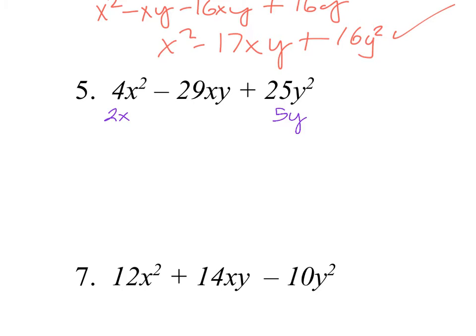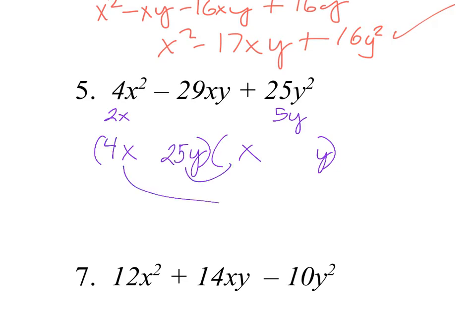So we're looking at factors of 4 that, when combined with factors of 25, will add to 29. Well, 25 and 4, don't they? That works. So I have to have 25y times 1 and 4x times 1.